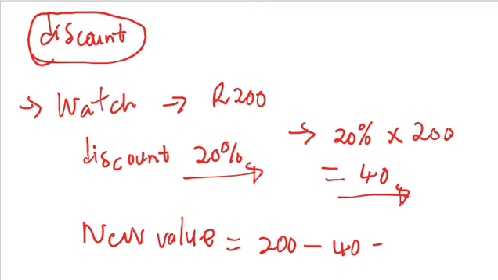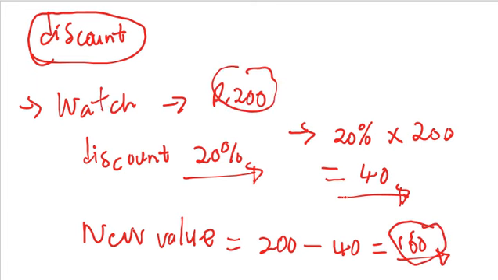If you do that, you're gonna get 160, right? So that means now your watch that was actually 200 is gonna cost 160 rand. That's nice, right? It's a discount.